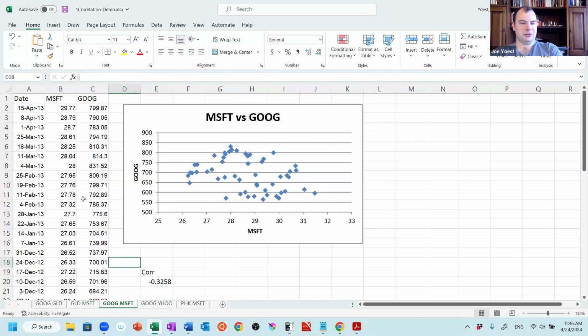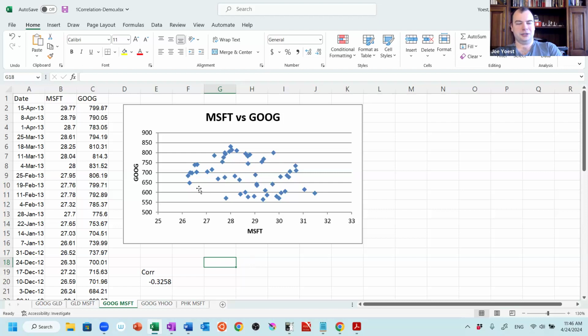What about Google versus Microsoft? Well, they're in kind of the same sector. Maybe I think for them to be related a little bit more. But if I look at their share prices, the evidence doesn't really back that up. I might have expected that, but that's not what I see in the scatter plot. Again, it doesn't look like I could draw a straight line anywhere on this picture that would do a good job of modeling most of the data.